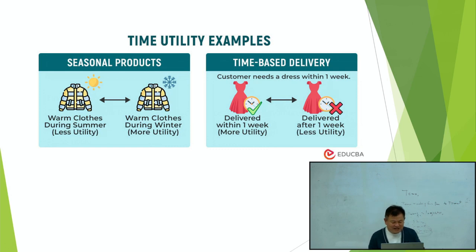So the time-based delivery also shows that the delivery after 1 week is free, but within 1 week you have to pay, because this is also added value. So this is an example of time-based deliveries, also time utility. Okay.